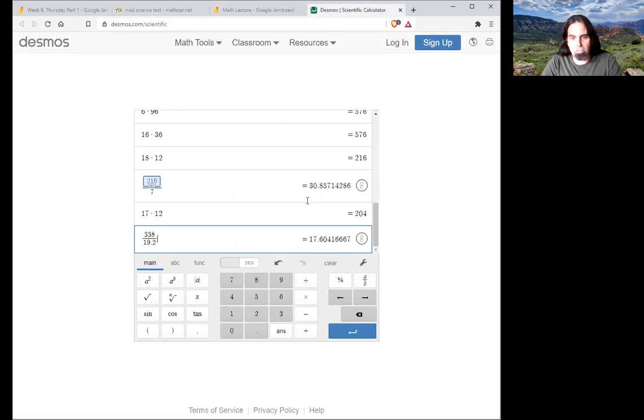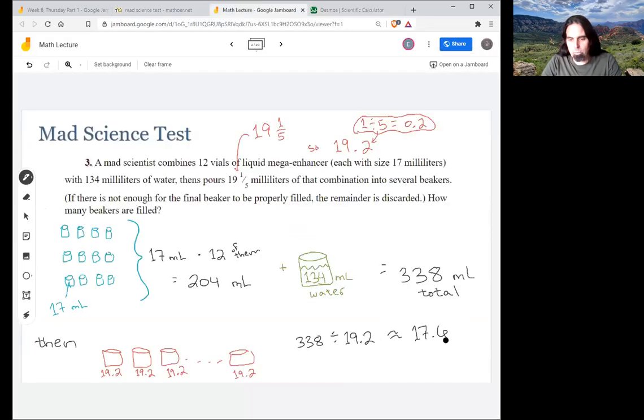And what happens with that 0.6-ish? That's the part of a beaker he just gets rid of, pours down the drain. So 17 beakers filled. He can't round up because he doesn't have enough actual mad science formula to fill the last one.